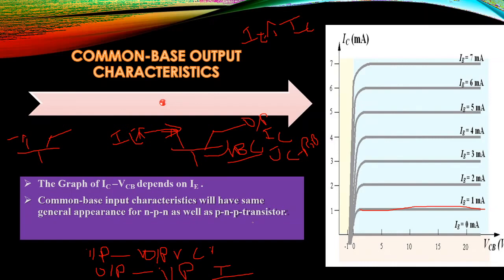The input current for CB is IE, that's why we maintain it constant to study these characteristics. We only vary the VBC voltage and measure the IC current. Whenever the VBC voltage is increased, since it is reverse bias, there is no change in the IC current, so it is maintained constant.